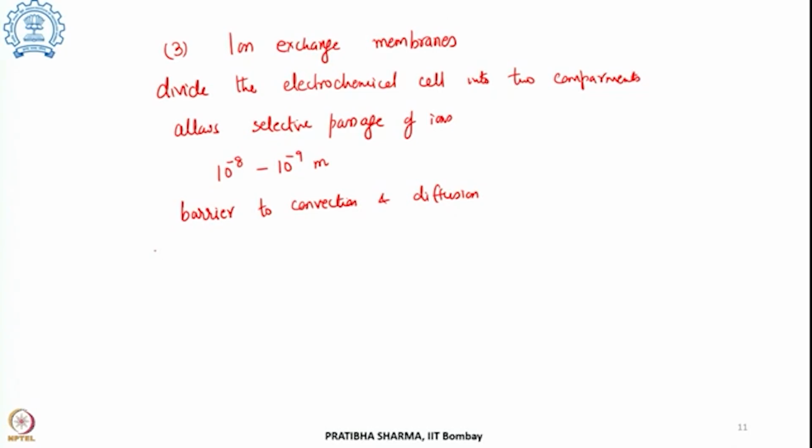These membranes should have very high selectivity, and they should be able to permeate only a particular type of ions and not neutral molecules. They should have high chemical stability under the reaction conditions when subjected to different reactants, products and different ions.